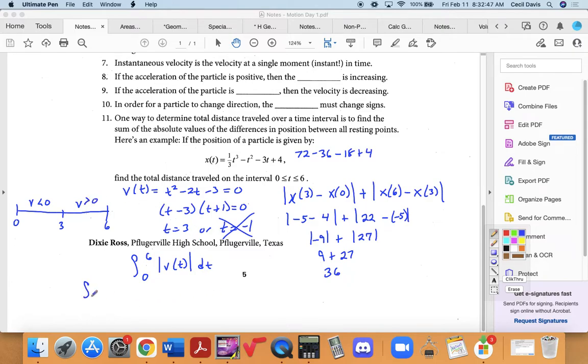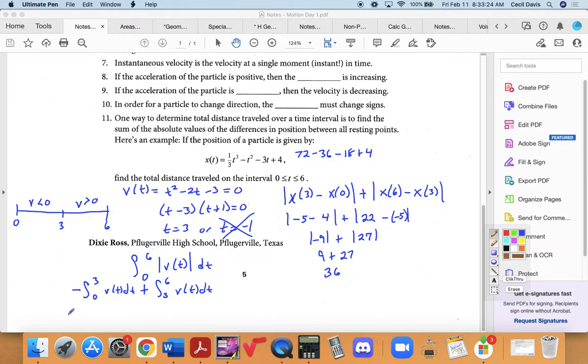So here I would have to divide this into two separate integrals. The integral from 0 to 3 of v of t dt, and you have to take the opposite of that because the velocity is negative, plus the integral from 3 to 6 of v of t dt. So let's see. The integral of v of t is going to be x of t.